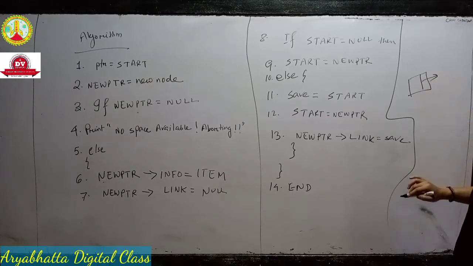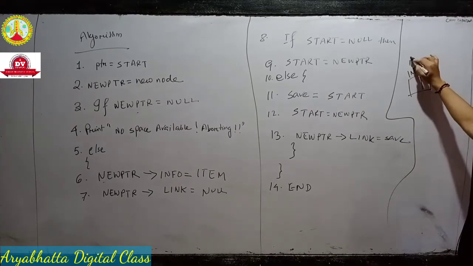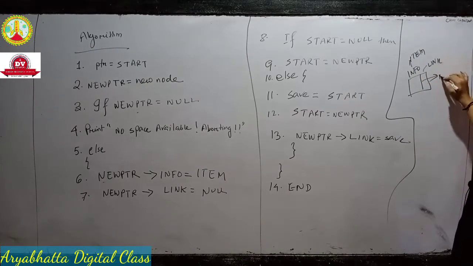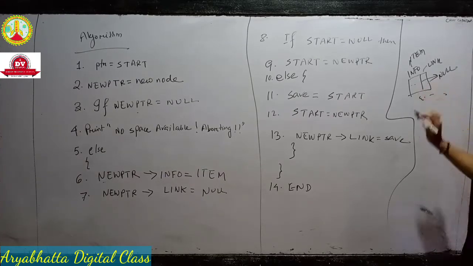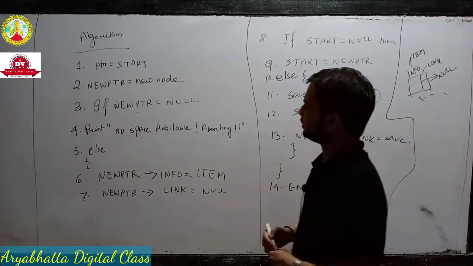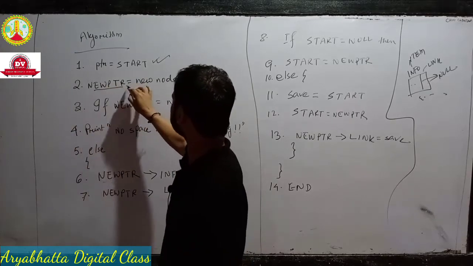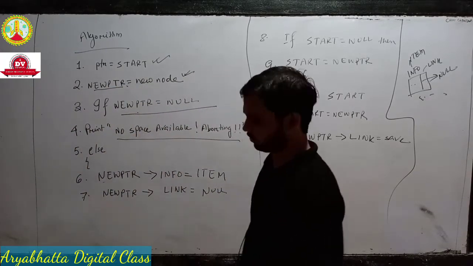Suppose you create a new node: this part contains info, which means it contains the item, and this will be link. Initially it will be null. It will have some memory address and contain some element, right? We take start as a pointer and a new node as new ptr. If new ptr is equal to null, it means it cannot exist.